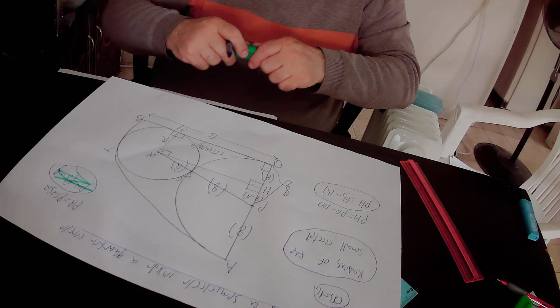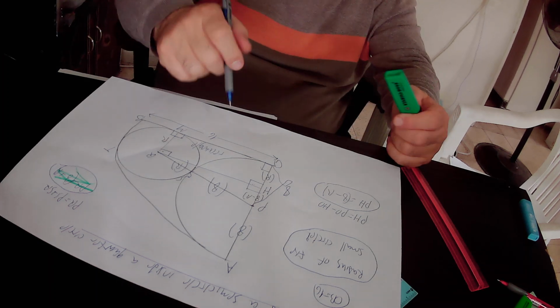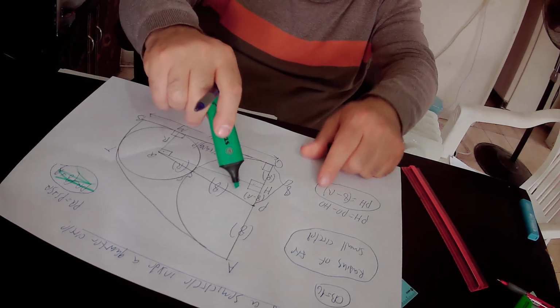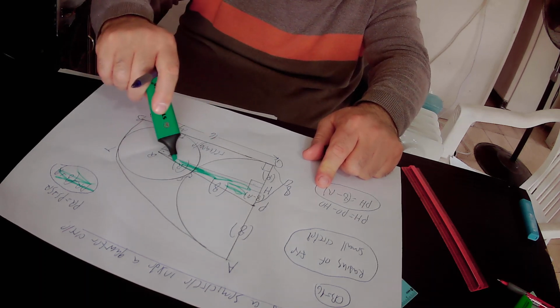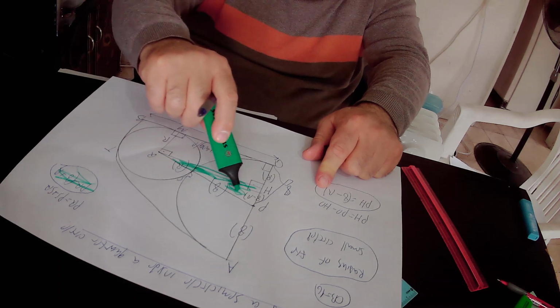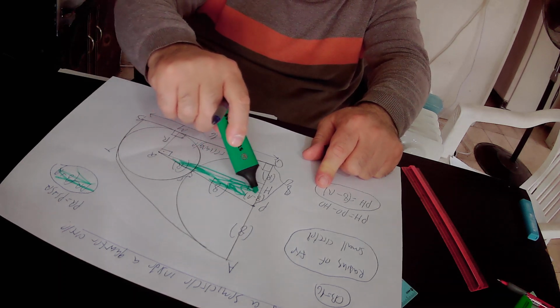So in the next step, I will copy the right green triangle PHQ. This is the right green triangle PHQ. And we'll implement the Pythagoras theorem on this right green triangle PHQ.